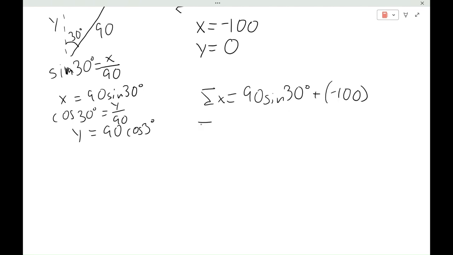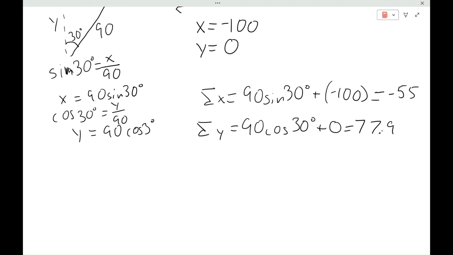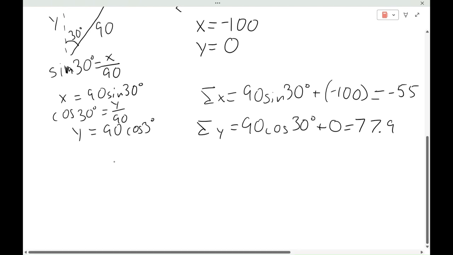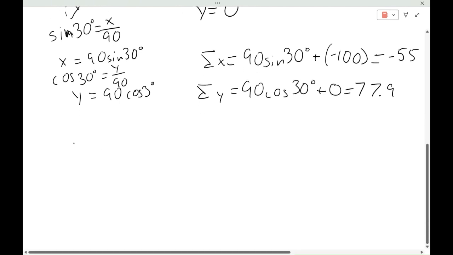And same for y, it would be 90 cosine 30 degrees plus 0. And I know the answers for these are negative 55, and this would be 77.9.